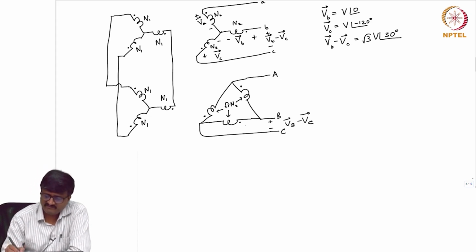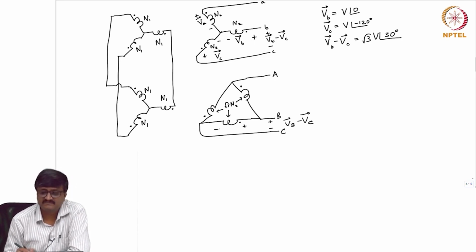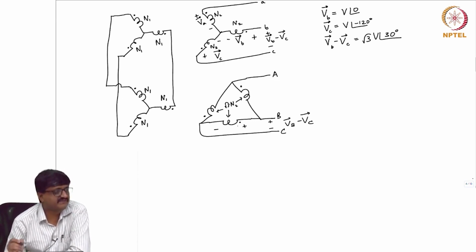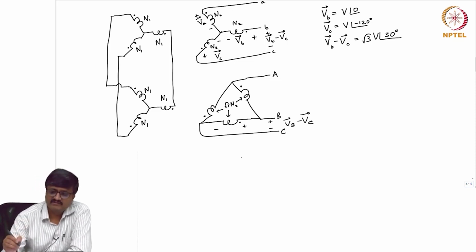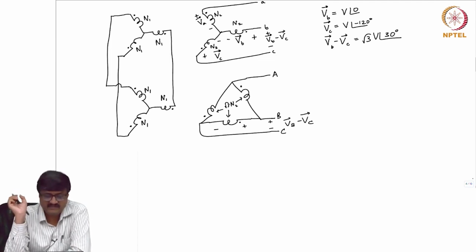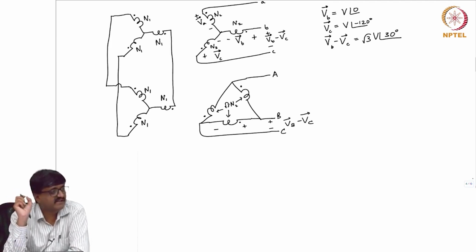Now, what is the voltage across this winding? Is this A phase winding, B phase or C phase? B phase winding. So, if the B phase winding in the first transformer has voltage VB, what is the voltage in the second transformer which is delta connected?